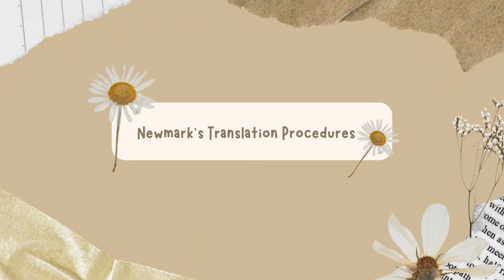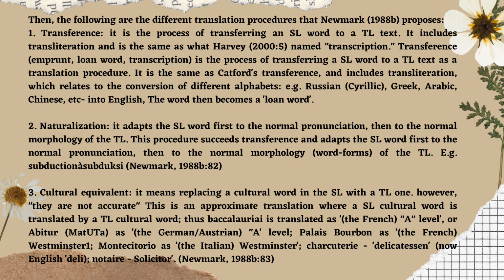Okay, next, Newmark's translating procedures. The following are the different translating procedures that Newmark 1988 proposed. 1. Transference. It is the process of transferring an SL word into a TL text. It includes transliteration, and is the same as what Harvey 2000 named transcription.